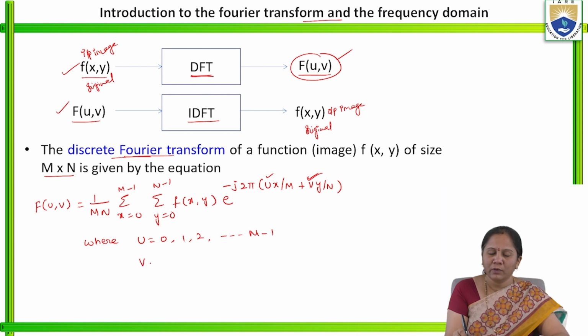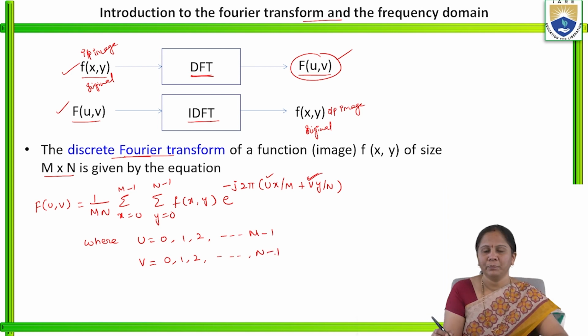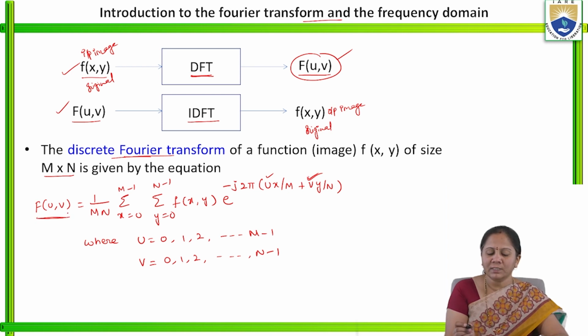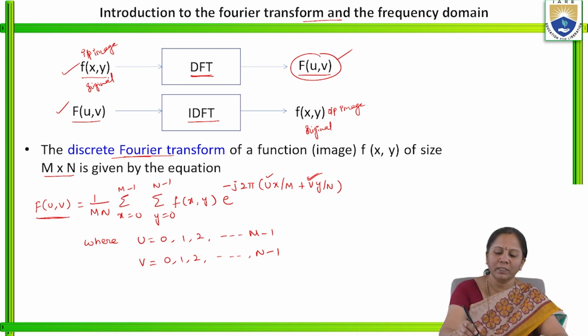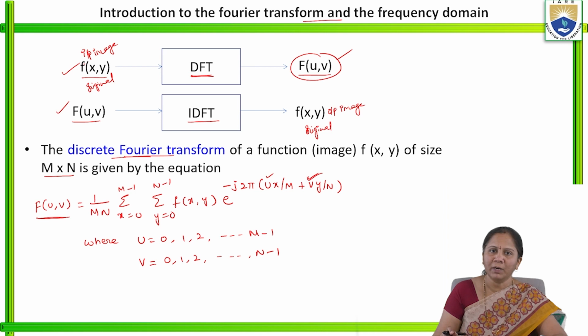What does v represent? It ranges from 0, 1, 2, and so on up to n minus 1, where n represents the number of columns. So this is the function after performing the discrete Fourier transform on the input image f of x comma y.